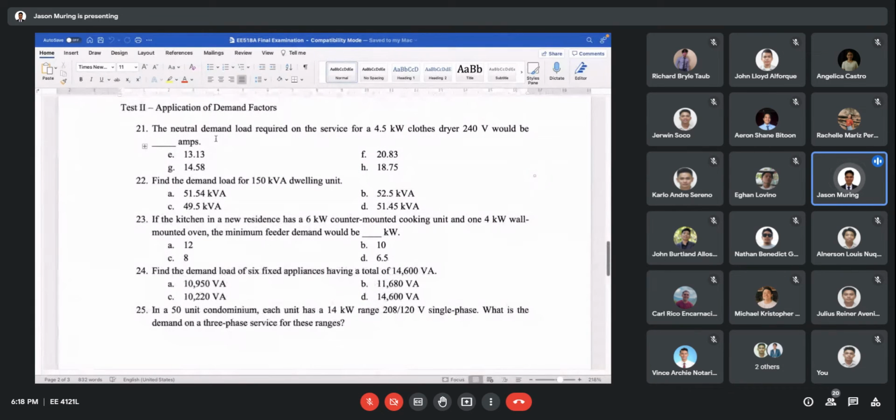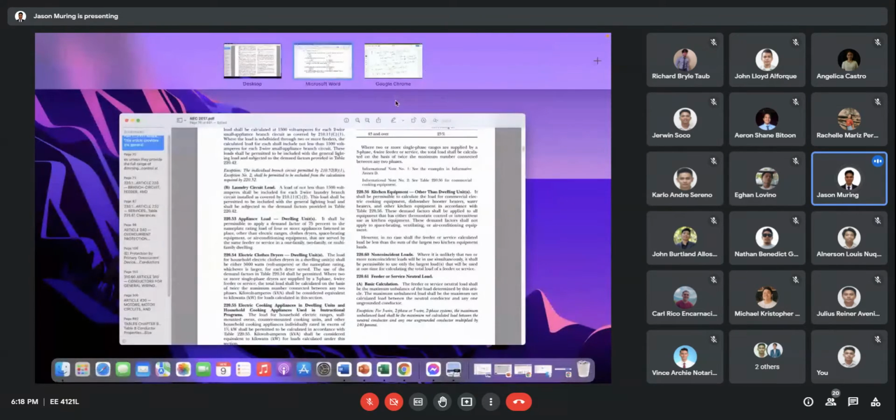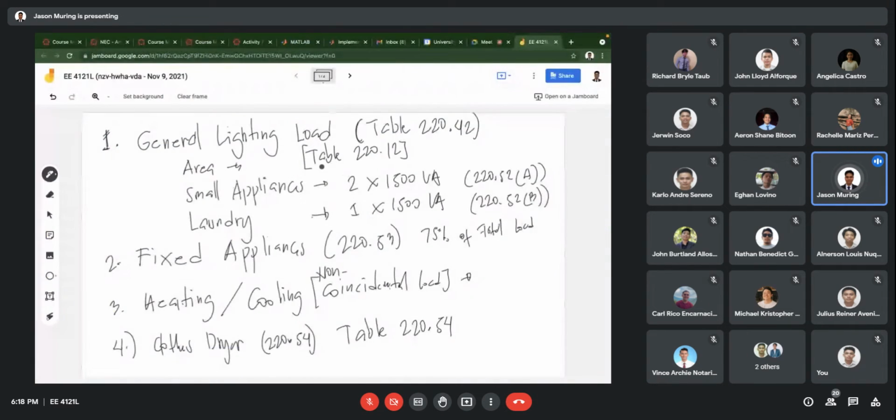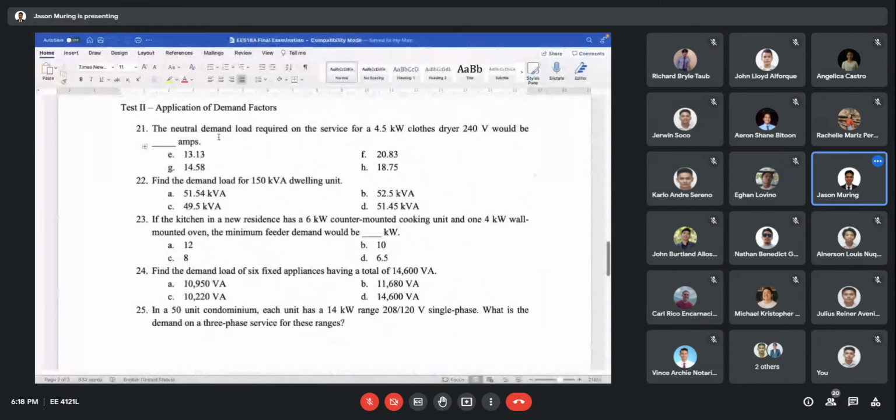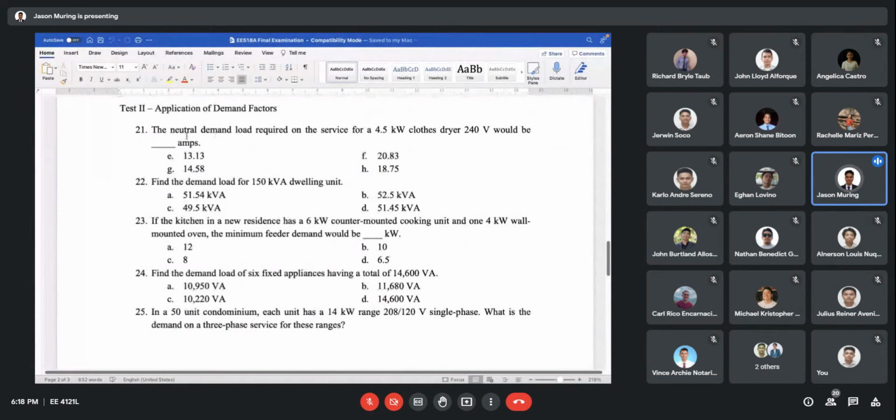We can use these now to practice our knowledge on the application of those sections. Suppose we have this, the neutral. Again, it's not very common to us now, although it is not applied here, it could also be asked in the board exam, so we have to learn this also.